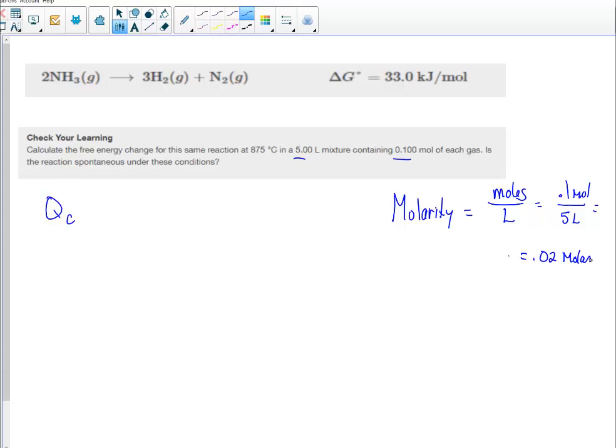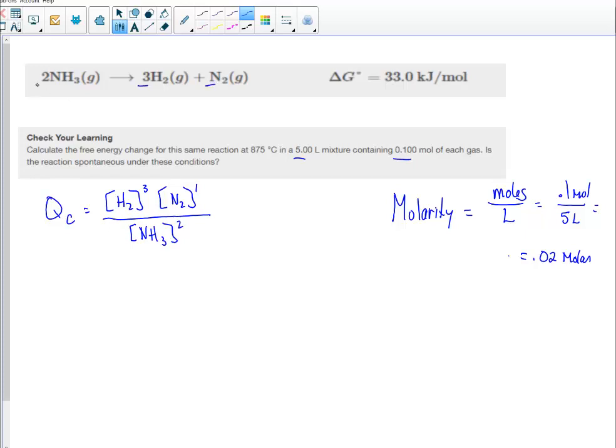The free energy change for this reaction is the same. So the reaction quotient is going to be the concentration of hydrogen cubed times the molar concentration of nitrogen to the first power, over the molar concentration of ammonia squared.